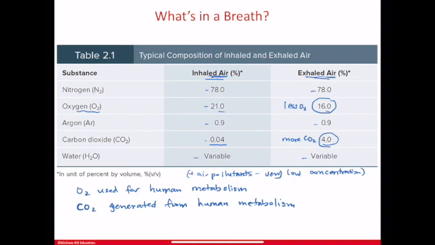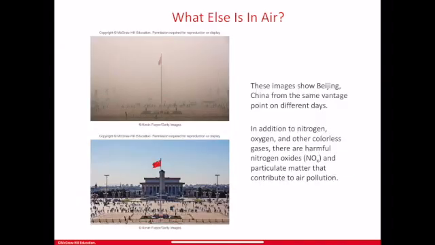So what else is in a breath though? It depends on what else is in the air. Nitrogen and oxygen are 99%, and it's the less than 1%, the other gases, that includes those air pollutants.